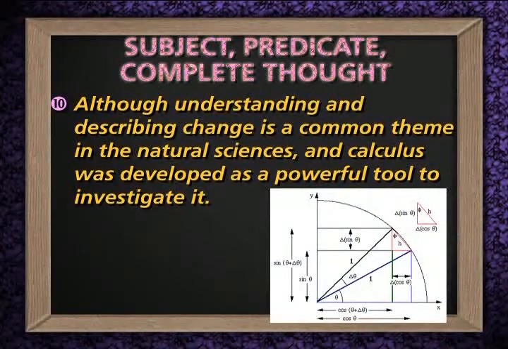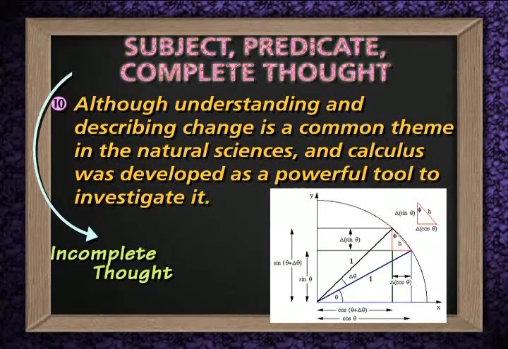Number 10, although understanding and describing change is a common theme in the natural sciences and calculus was developed as a powerful tool to investigate it. Again, very long, but not a complete sentence. The reason is it is not a complete thought. This is a dependent clause because of that word although.